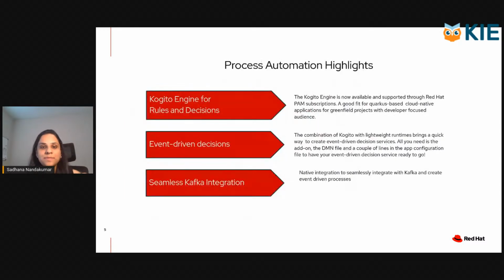And so, especially when we're talking about process automation highlights, we're going to talk about these three important features. I've tried to weave them into the implementation and the demo as well. So we are definitely looking at using Cogito engine for decisions. That's because it's cloud native.